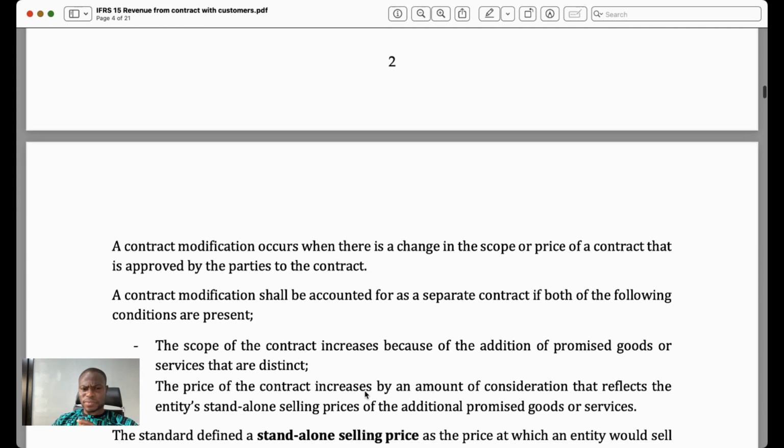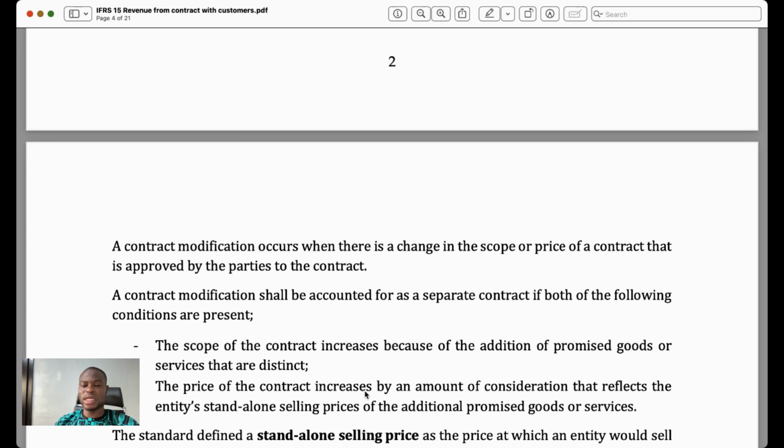And when you modify a contract, that modification will be seen as a separate contract if any of these two conditions are present.